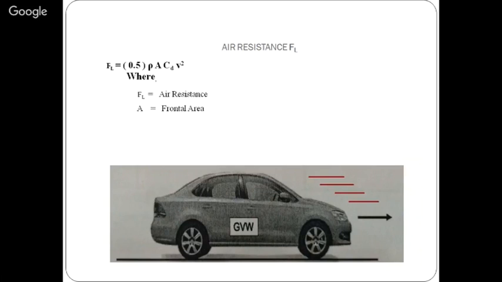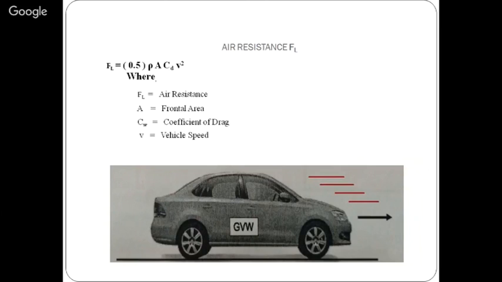So this is how the frontal area acts, and CD is the coefficient of drag. This further depends upon the experimental conditions, that in different situations what our drag coefficients are. For example, what the drag coefficient will be in moist air, and what it will be in low moist air. Clear? Then V is the vehicle speed.